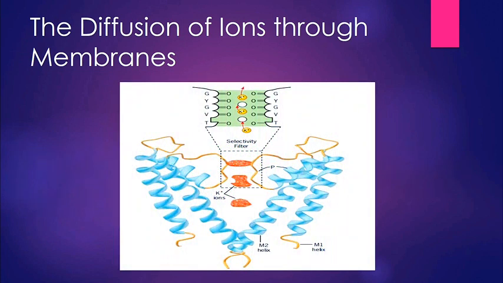The KcsA channel consists of four subunits, two of which are shown in the figure. Each subunit in the figure is seen to contain two membrane-spanning helices, the M1 and the M2 helix, and the pore region at the extracellular end of the channel.